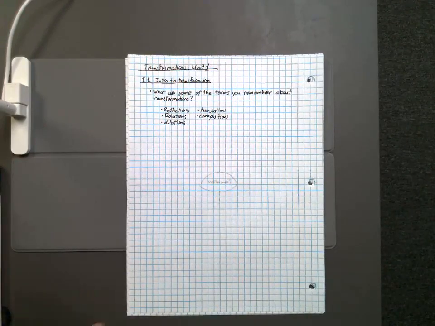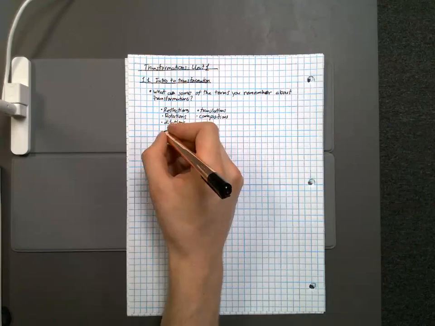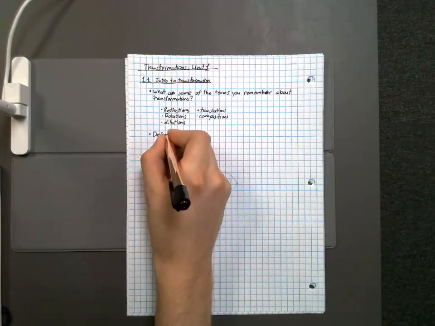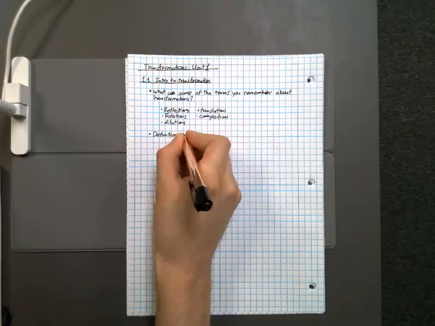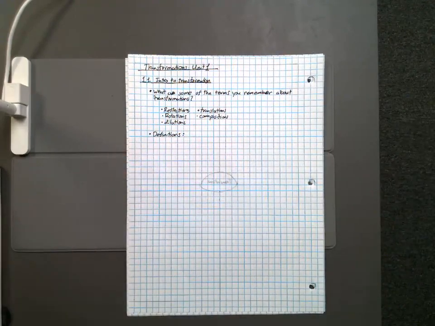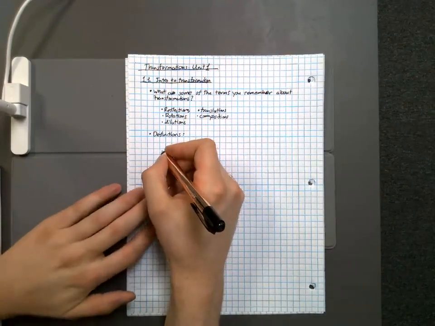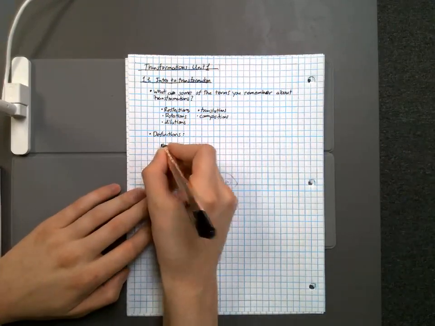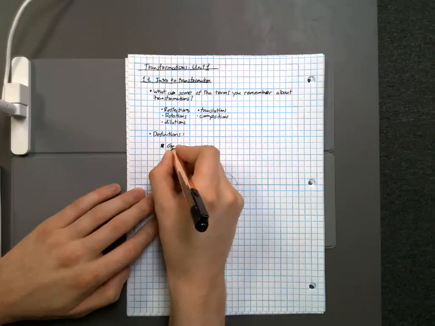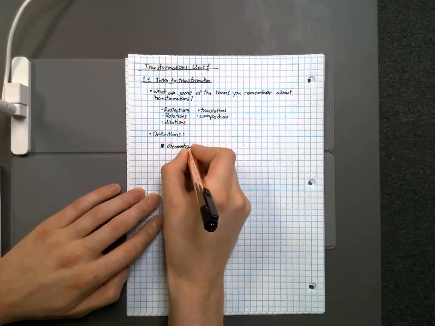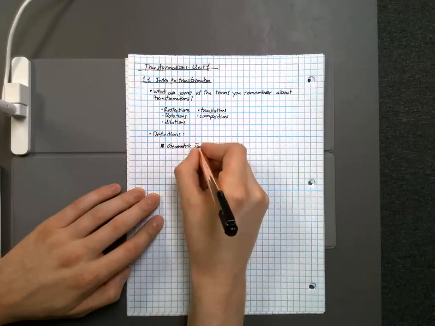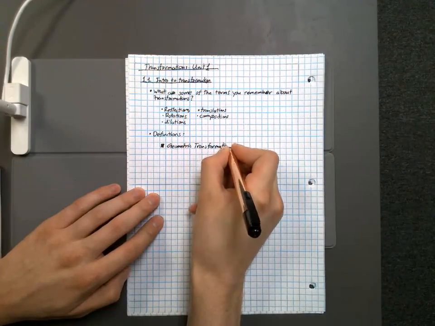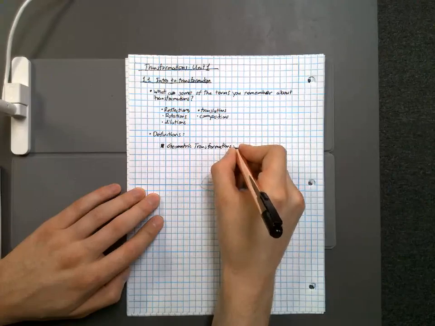Now, from here, we're going to get into the basics of the definitions. Okay, and I also apologize for this being on graph paper. Unfortunately, I was out of normal lined paper, so got to do with what you got. All right. So the first definition we're going to look at is geometric transformation. Okay.